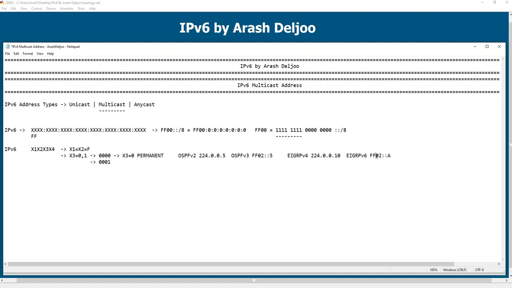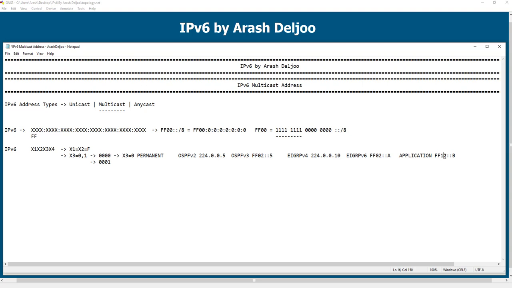This means that the 0 shows this IPv6 multicast address is reserved only for EIGRPv6. But for example, assume you are using an application in your company and you need an IPv6 multicast address. You can use this IP address, FF12::B.